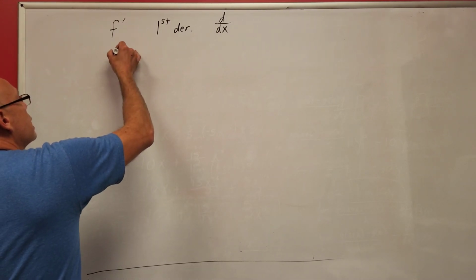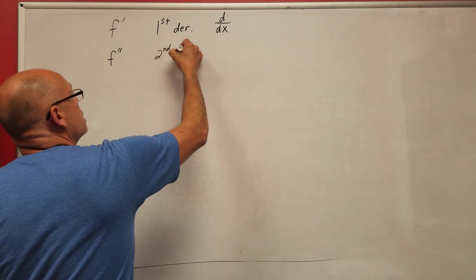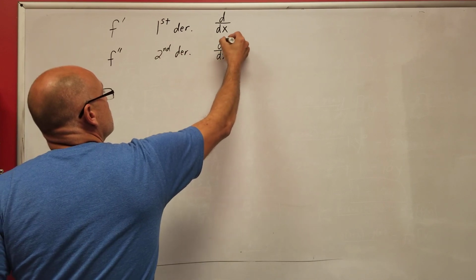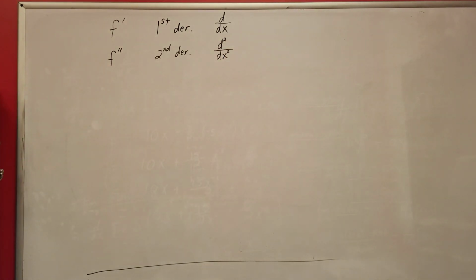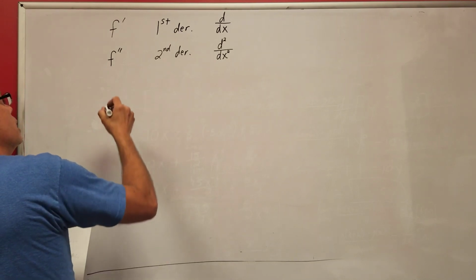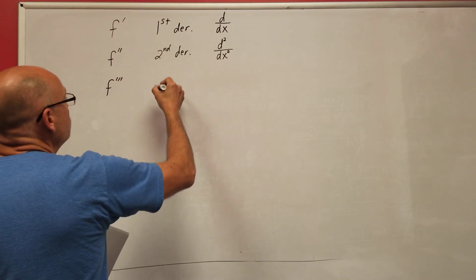What if I want to take a second derivative? The way we denote that here is f double prime is my second derivative, and that's d, almost looks like an exponent of 2 right here and an exponent of 2 right there. A lot of people say, when they're first reading this, d squared over dx squared. No, it's really the second derivative with respect to x. For a third derivative, over here I denote that y triple prime.